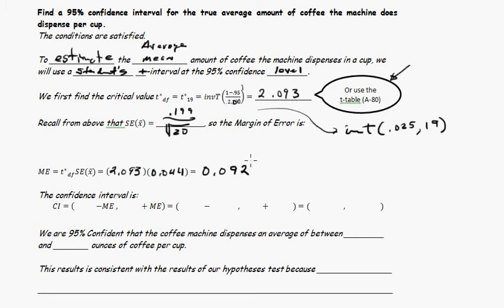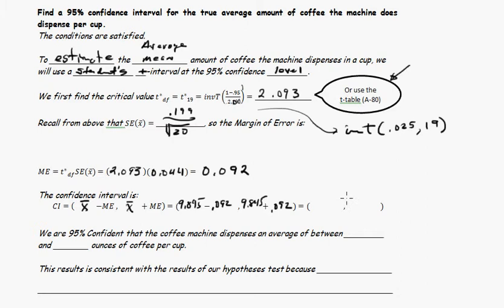So I get 0.092. Okay, so our confidence interval is going to be our observed value, which is now a mean, and we're going to subtract. I think the mean was 9.845, and we subtract 0.092 and we add 0.092.